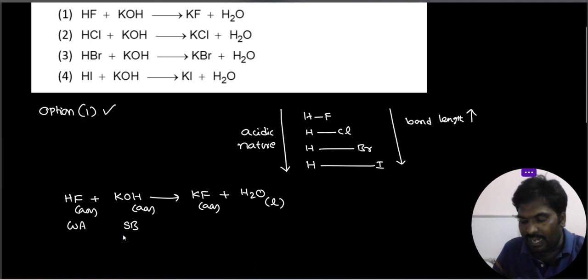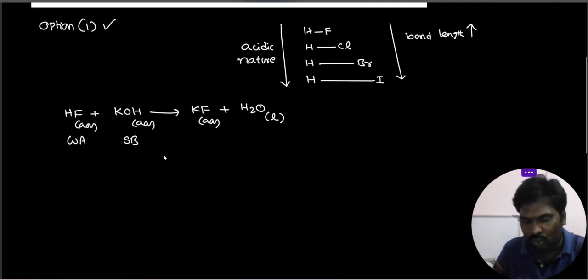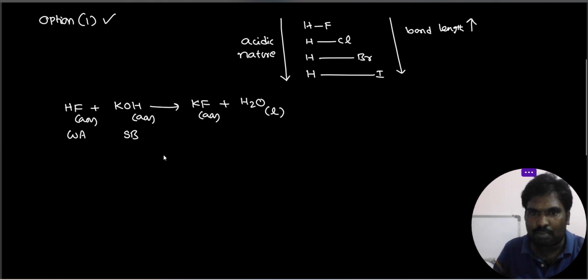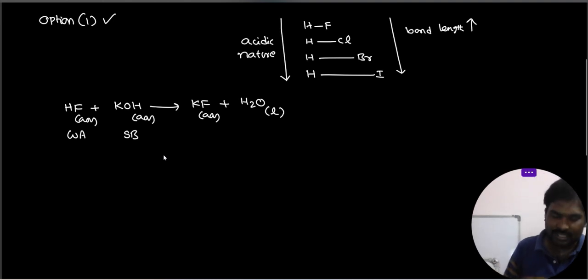But more hydration enthalpy is released here. That's why the total energy, neutralization plus hydration enthalpy, that resulting energy is greater. That's why here option 1 is the right answer.